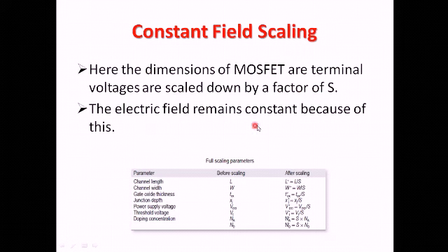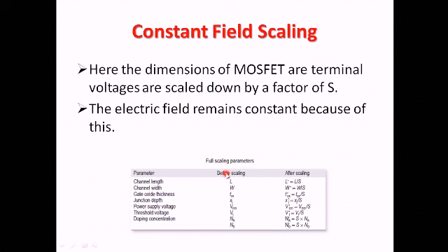That is, the electric field remains constant, while the dimensions are scaled by a factor of S. To achieve this goal, all the potentials must be scaled down proportionally by the same scaling factor. So in the constant field scaling, the dimensions of the MOSFET and the terminal voltages are scaled with the same scale factor S, so that the electric field remains constant. This is very important, that the electric field remains constant.